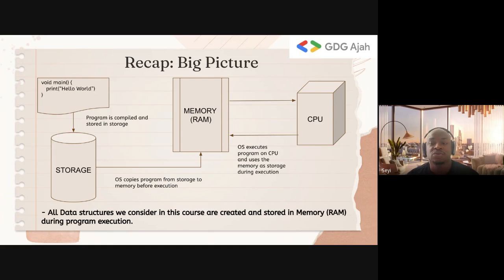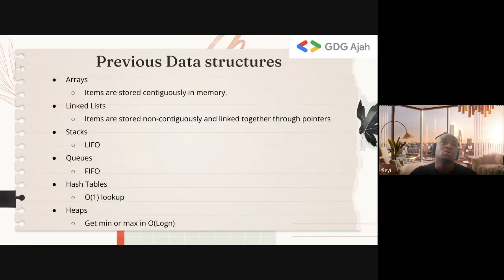It's important to know that all the data structures you have considered in this course mainly deal with how they are created and stored in memory. From arrays to strings to linked lists to hash maps to graphs and trees, it's all about how to organize data in memory when the program is running.